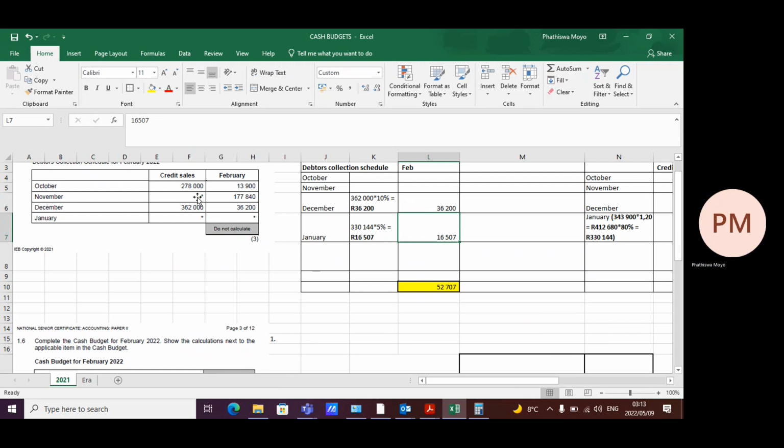November, we still need to calculate that.